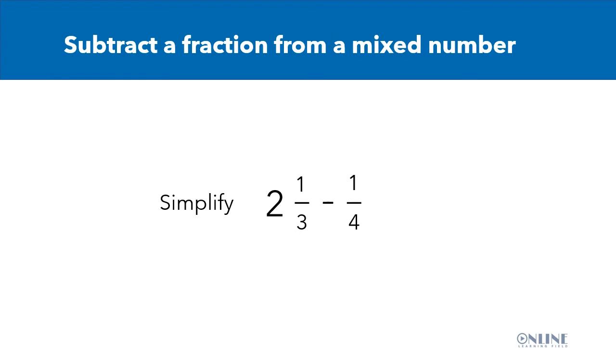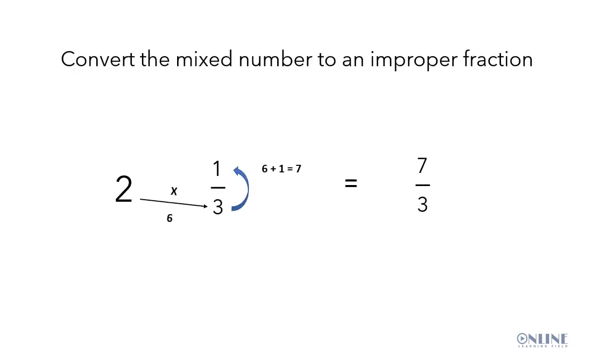Next, we are going to learn how to subtract a fraction from a mixed number. In this example, we are required to simplify 2 1/3 minus 1/4. The first thing to do is to convert the mixed number to an improper fraction. We do this by multiplying the whole number 2 by the denominator of the proper fraction, which is 3.